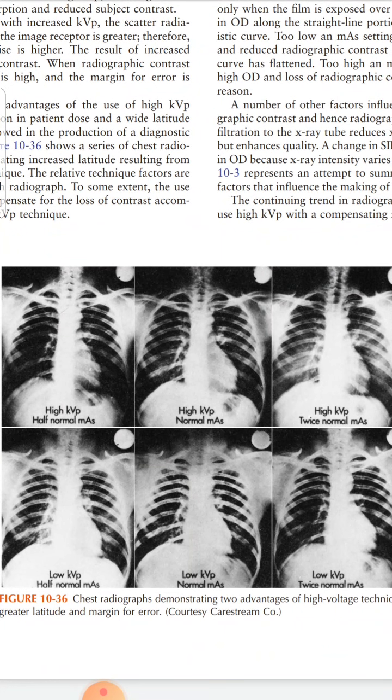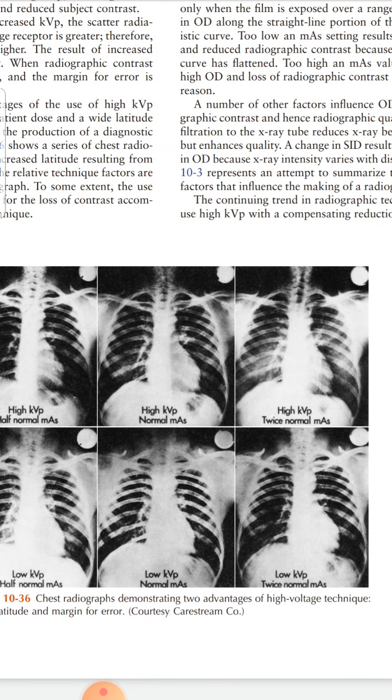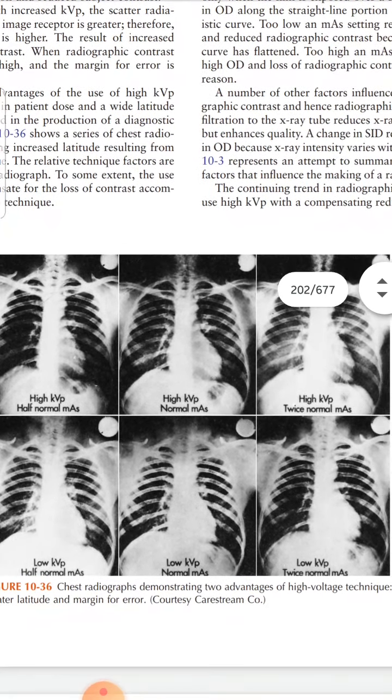From the upper left image, in which we selected the high KVP with half normal MAS, and in comparison the image below with the low KVP and half normal MAS, the high KVP with normal MAS and the high KVP with twice normal MAS, you can see that with the high KVP the image contrast is better as compared to the one we used with the low KVP.